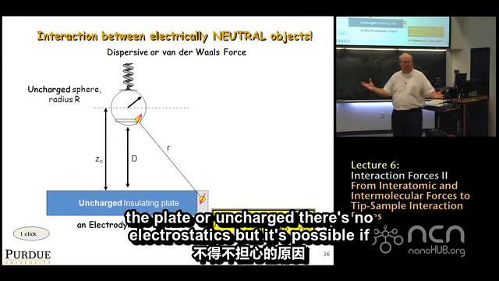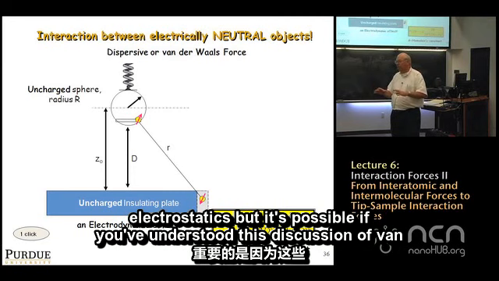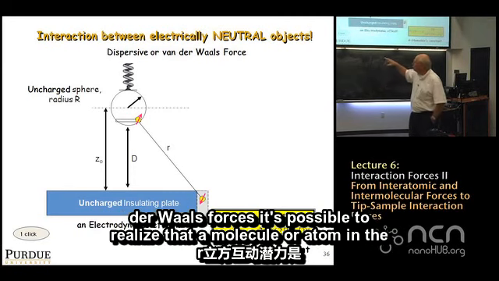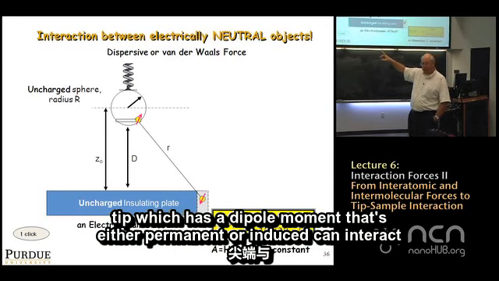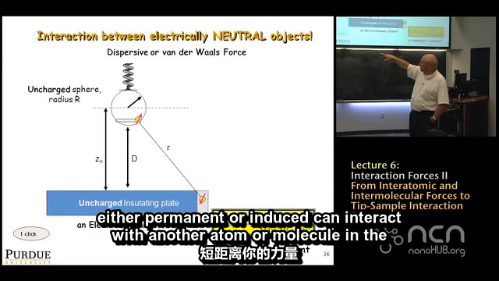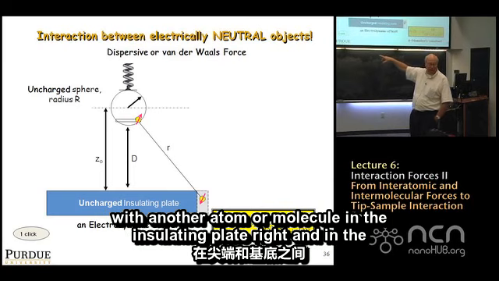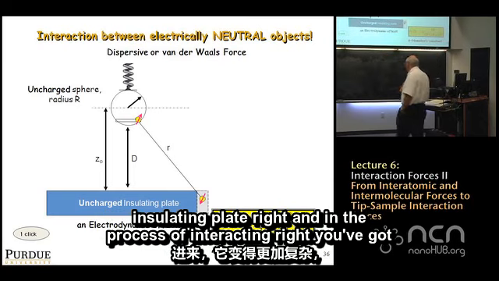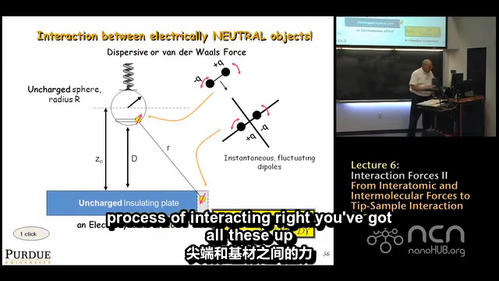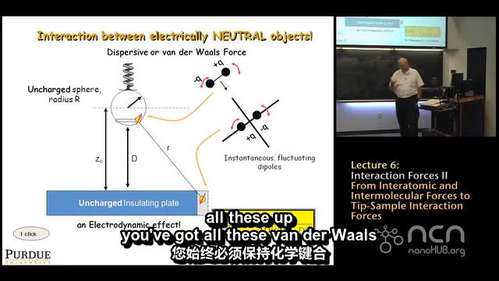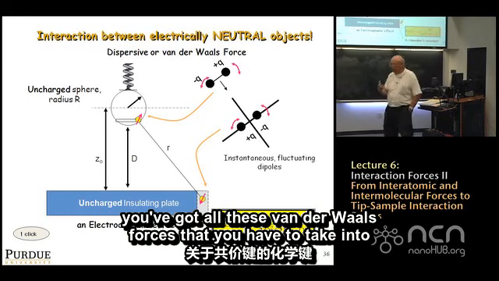There's no electrostatics. But if you've understood this discussion of van der Waals forces, it's possible to realize that a molecule or atom in the tip, which has a dipole moment that's either permanent or induced, can interact with another atom or molecule in the insulating plate, right? And in the process of interacting, you've got all these van der Waals forces that you have to take into account.